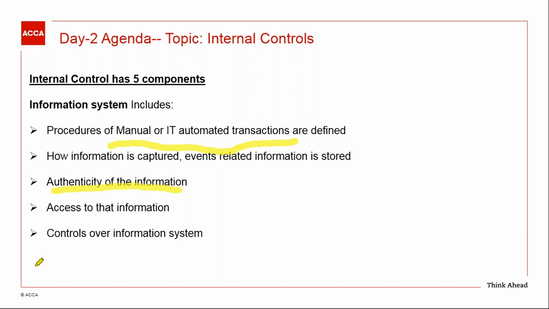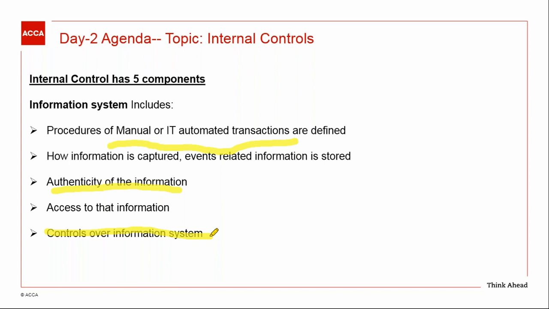Suppose we discuss the controls over the information system. The sales department only has access to their sales. They do not have access to the purchases data or to the audit information.